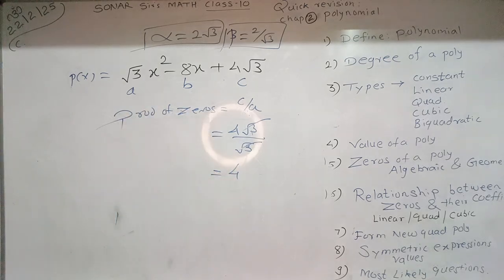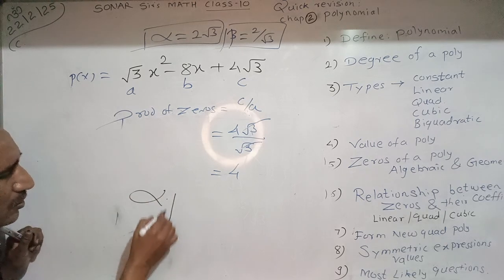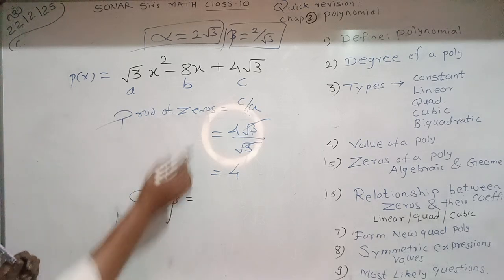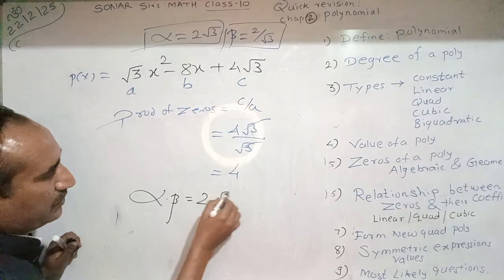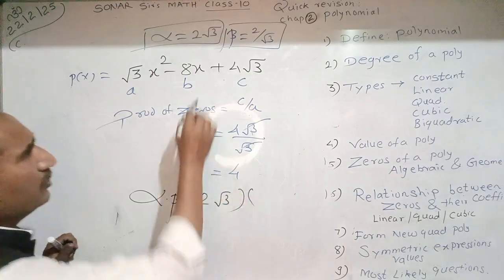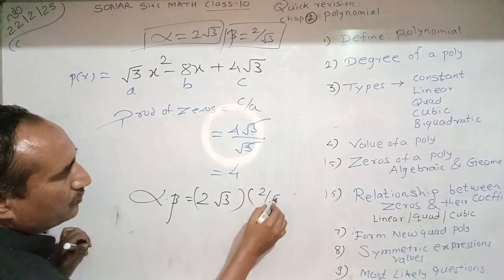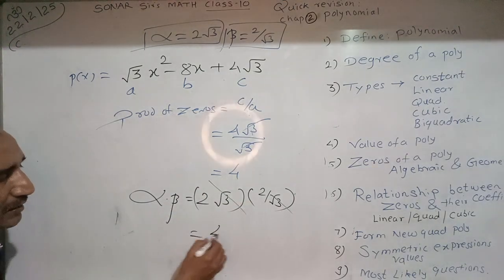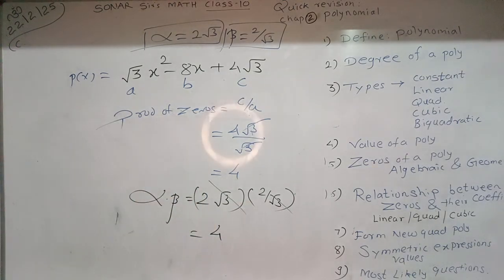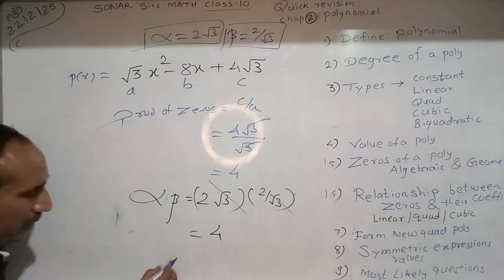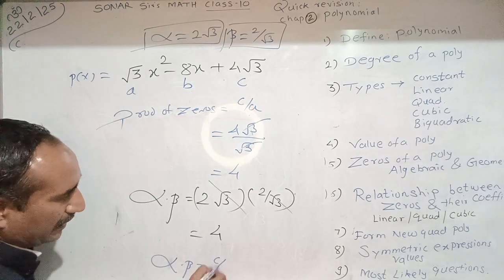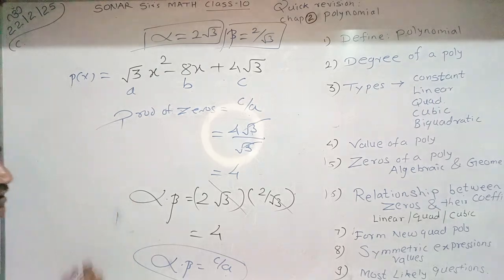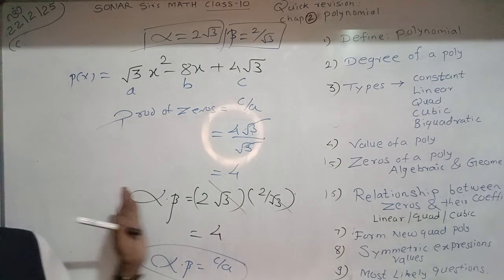So the product of zeros is 4. Let's see whether the product of zeros is 4 or not. Alpha into beta: alpha is 2 root 3, beta is 2 upon root 3. Root 3 will get cancelled. 2 2s are 4. So the product of zeros and the relation with the coefficients is verified.